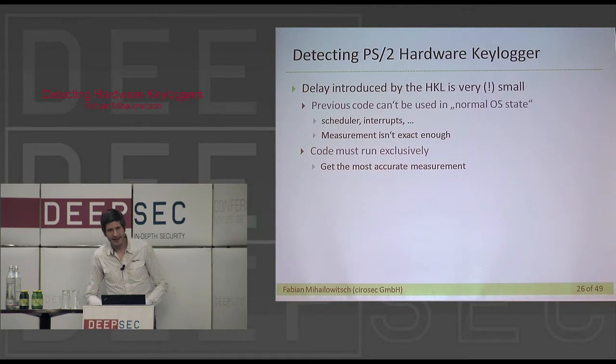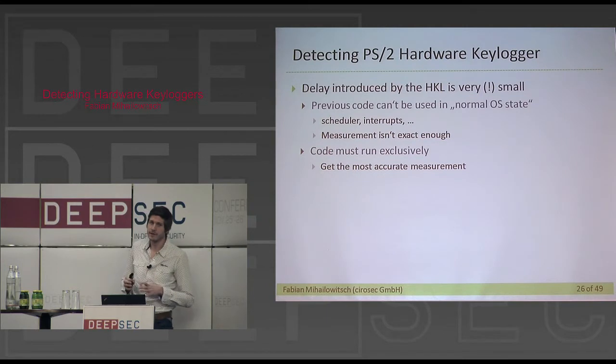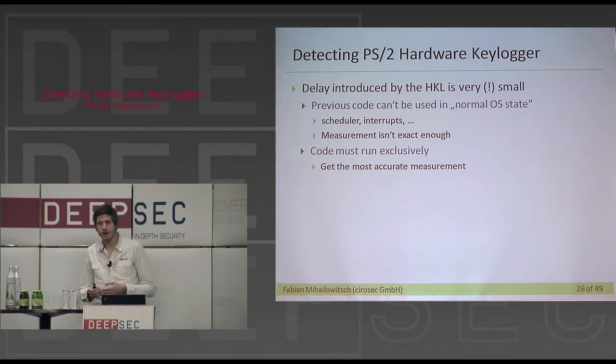The problem, or rather many problems, is that the delay introduced by the hardware keylogger is very, very small. That means running the code from user land won't work at all. Running the code from kernel land won't work either, because you have the scheduler and interrupts, and you don't get an exact measurement. So you have to run your code completely exclusively to get the most accurate measurement you can.